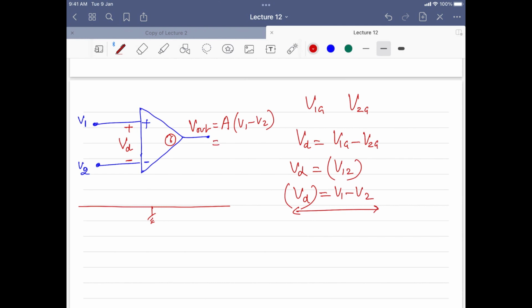So if I want to write it in a more compact fashion, it will be VD. Vout is equal to A times VD. So it is actually amplifying by a factor A the difference of the potential between V1 and V2. So VD is V1 minus V2. So whatever difference that is, it will be amplified by a factor of A. As simple as that. Any questions here?